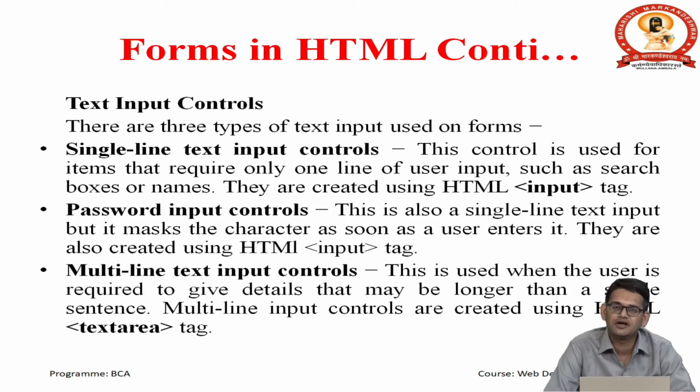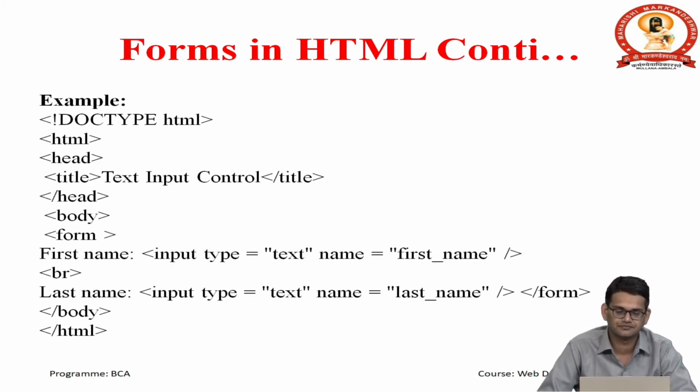If we want to enter a password, for that we have password input controls. Next one is the multi-line input control. Multi-line input controls are text areas with more than one line. So if we want single line, we go for the single line input control, that is input type text. If we want password, input type is equal to password. If you want multiple lines, then we need to select text areas.